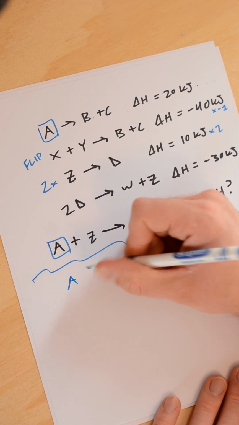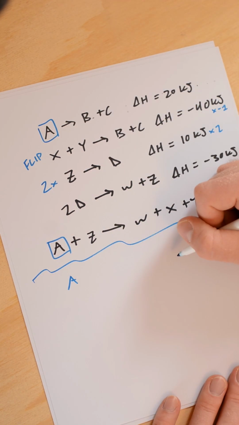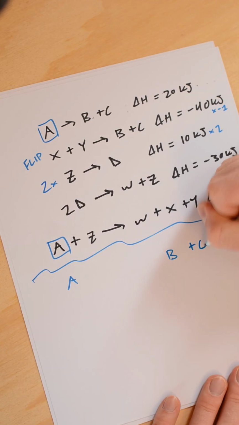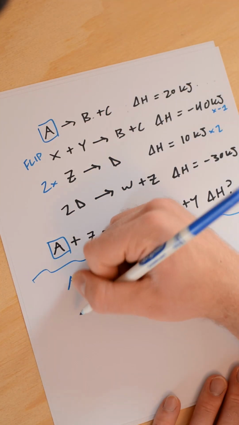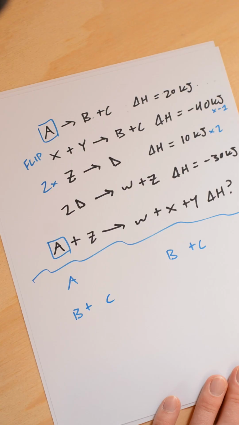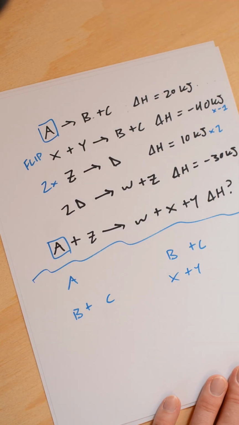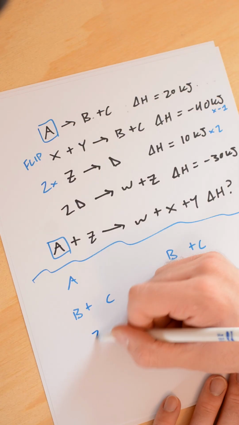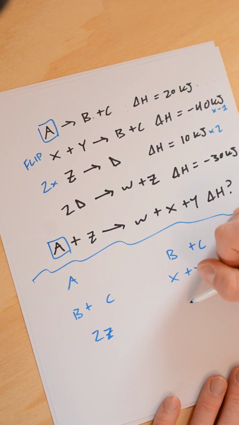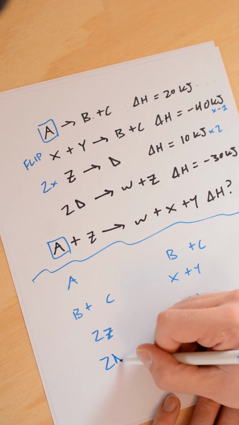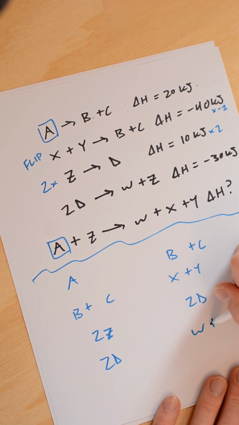Let's see what we have so far. I have A, and I have B and C. If I flip the second one, I will have B and C, and I will have X and Y. If I double the third equation, I'll have 2Z, and I'll have 2D. And then if I keep the fourth equation the way it is for now, let's see if that's good enough.